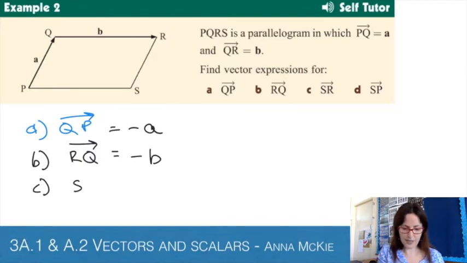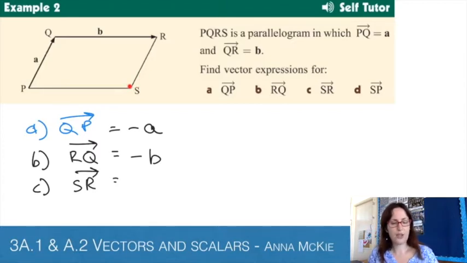Next one, SR with your arrow. SR. So you want to start at S and end at R. You might be thinking, could I go all the way around the parallelogram? Yes, one option. Or look at this vector here, PQ.